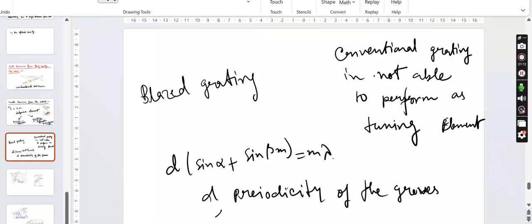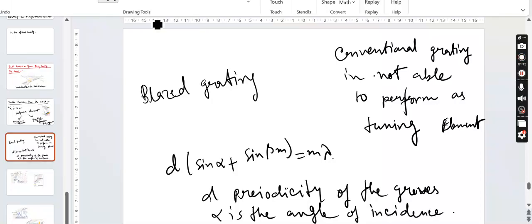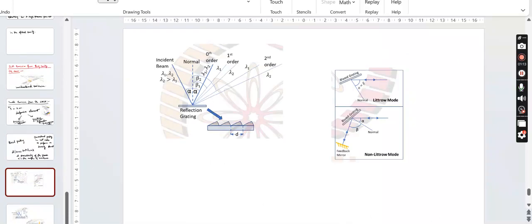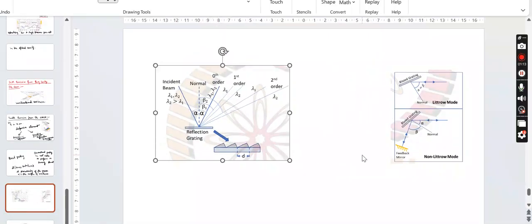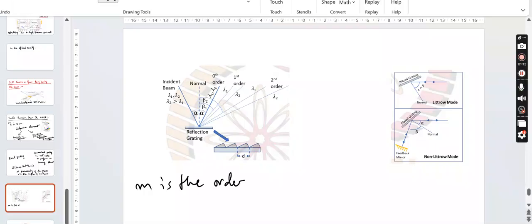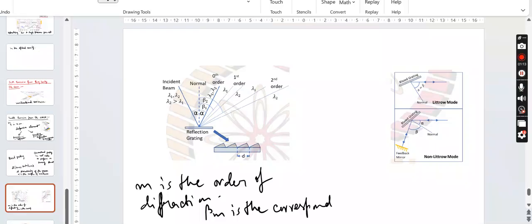Alpha is the angle of incidence. m is the order of diffraction. And beta m is the corresponding diffraction angle.